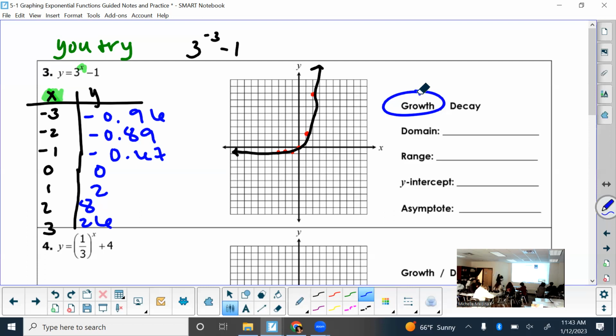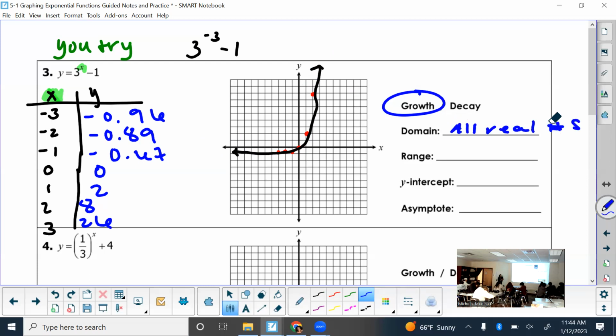All the x values. Table 6, does this graph look like it's going infinitely left? Does it look like it's going infinitely to the right? So then my domain would be all real numbers, good.